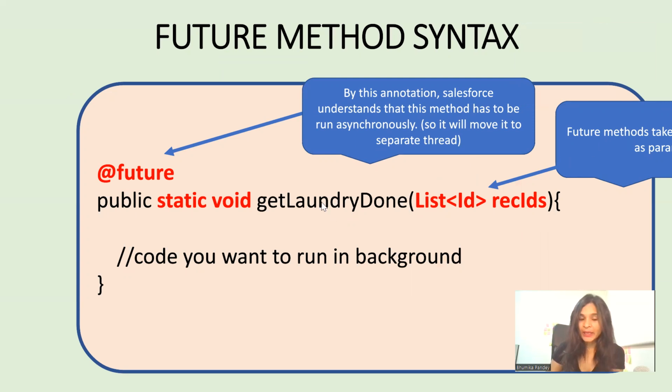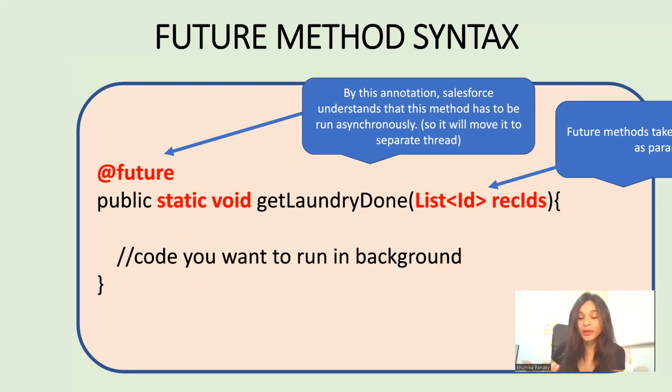So any method that you write in your Apex class, if you provide that method with the annotation @future, then that method would be considered a future method and that method will run asynchronously. Basically, the moment Salesforce sees that there's a method and you have put this annotation, Salesforce will understand that this method has to be run asynchronously, right?